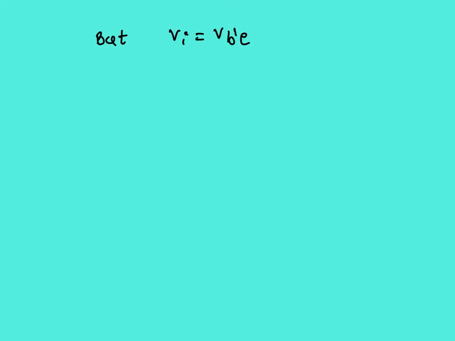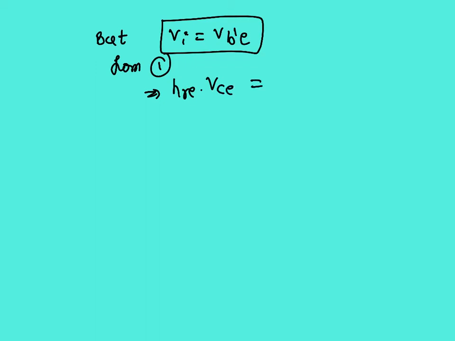So here Vi is equal to Vb'e. From equation 1, Vi can be written as hre into VCE, and we have just now calculated Vb'e as rb'e into VCE by rb'c plus rb'e. So we can cancel VCE on both sides.